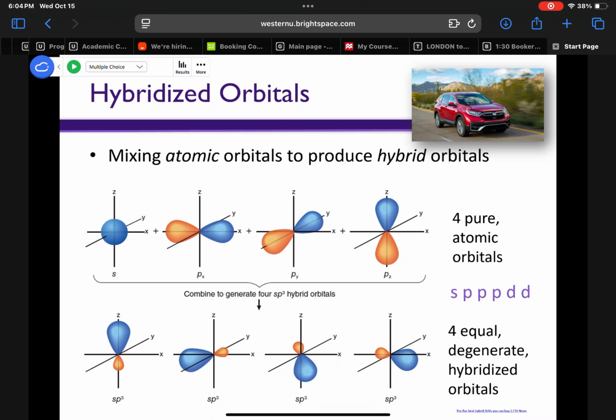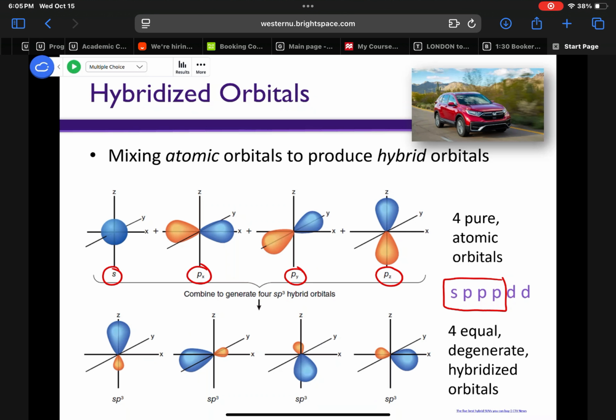So let's say I want to take 4 atomic orbitals. I'm going to take an s, px, py, pz. I'm going to take 4 pure atomic orbitals. So s, it's my sphere. I know about that one. My px lies along the x-axis, py along the y-axis, and pz on the z-axis.